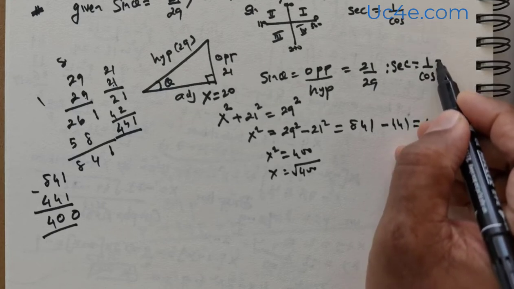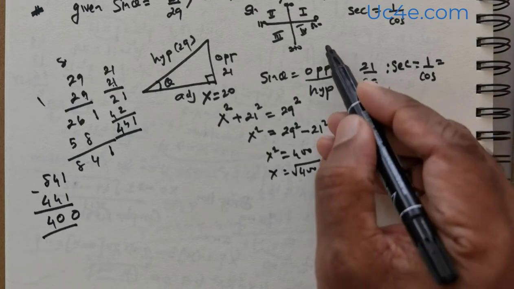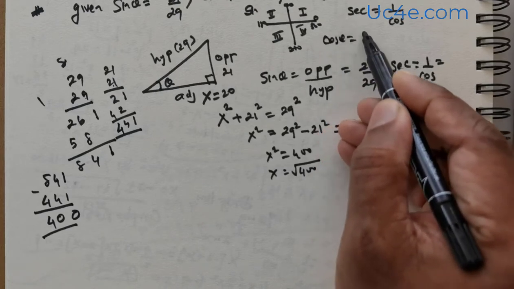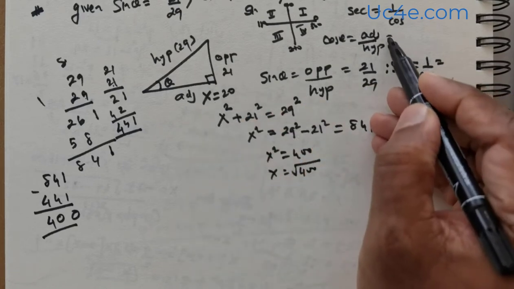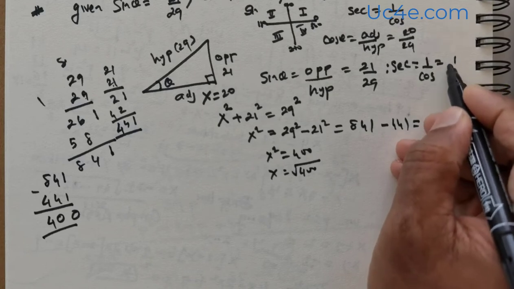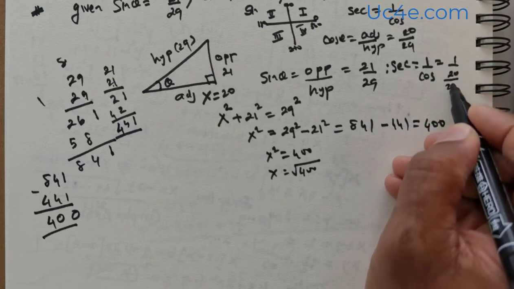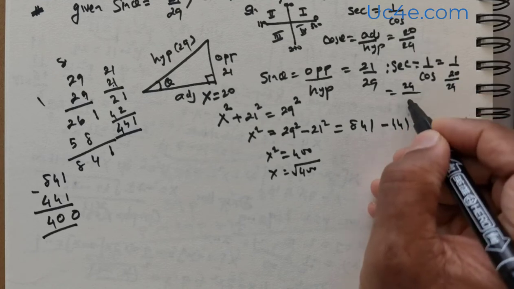And to extract the value of cos, I got to know the formula for cos. So cos theta is nothing but adjacent divided by hypotenuse. So in this case it's going to be 20 divided by 29. So 1 over 20 divided by 29, when I flip it, I get 29 divided by 20.